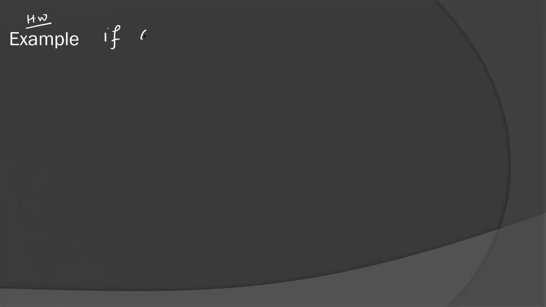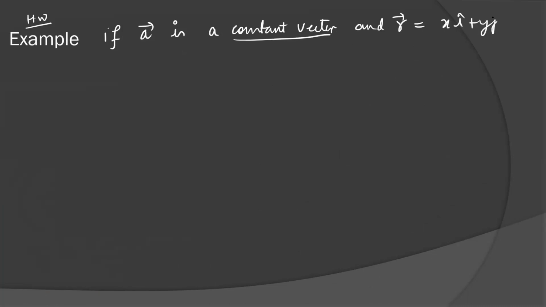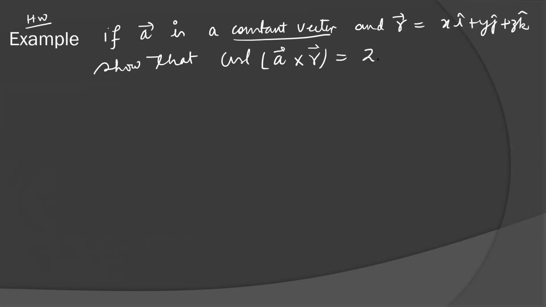If A vector is a constant vector, what is the meaning of constant vector? Let's see. And R vector is xi plus yj plus zk. This is a position vector. So that curl of A cross R is equal to 2A.